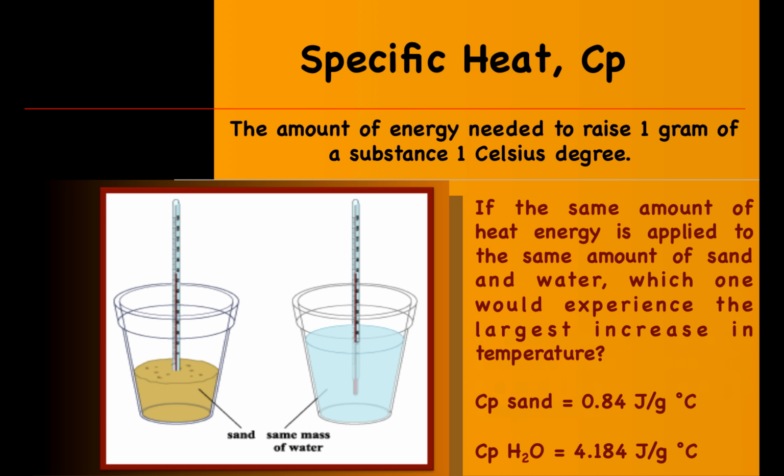So consider this figure. If the same amount of heat energy is applied to the same amount of sand and water, which would experience the greatest increase in temperature? The specific heat of sand, 0.84. The specific heat of water, 4.184.